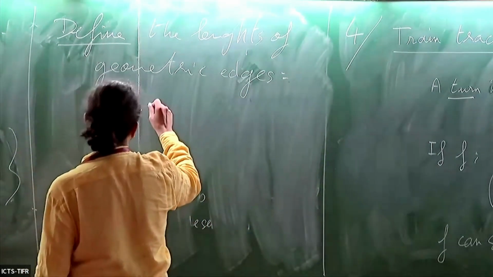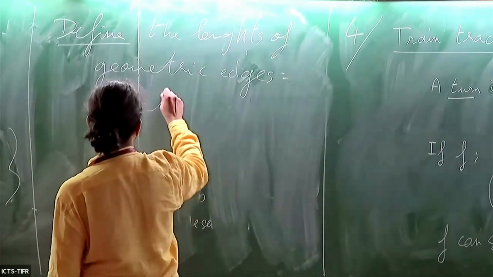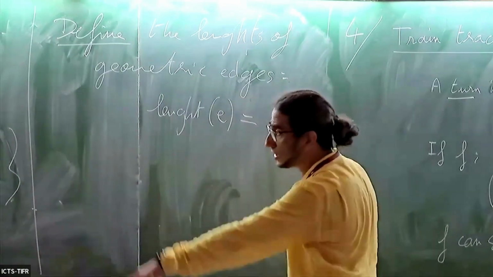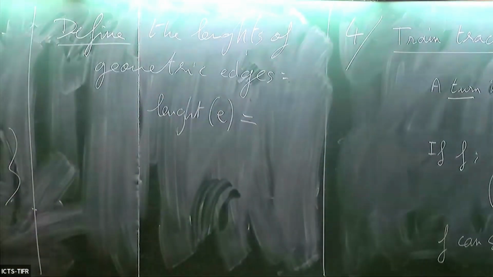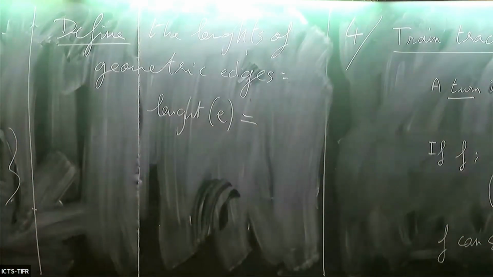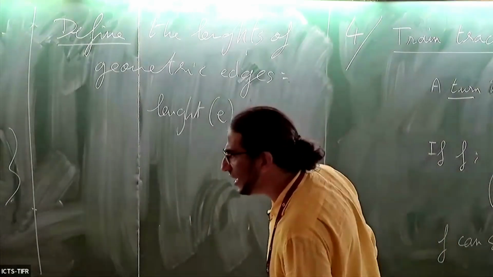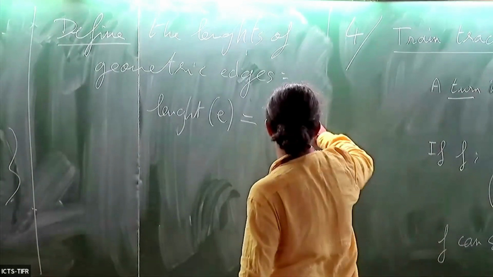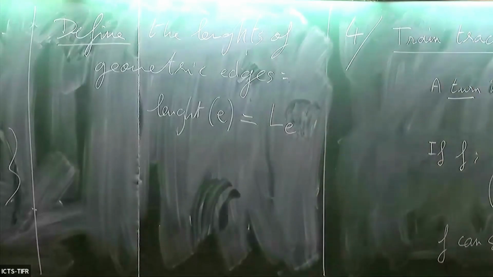The length of E will be the coordinate of the eigenvector, positive. I have to choose one. I can choose one so that the sum of coordinates is one, or not, as you want. That will be L index E. You see, L is a vector, it has entries, the E-th entry.